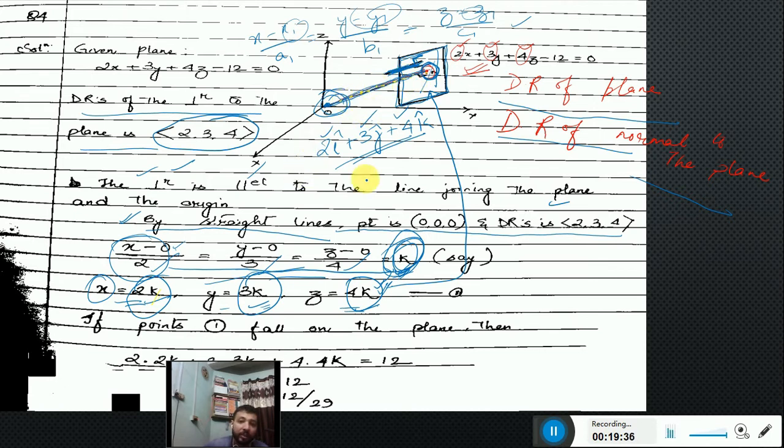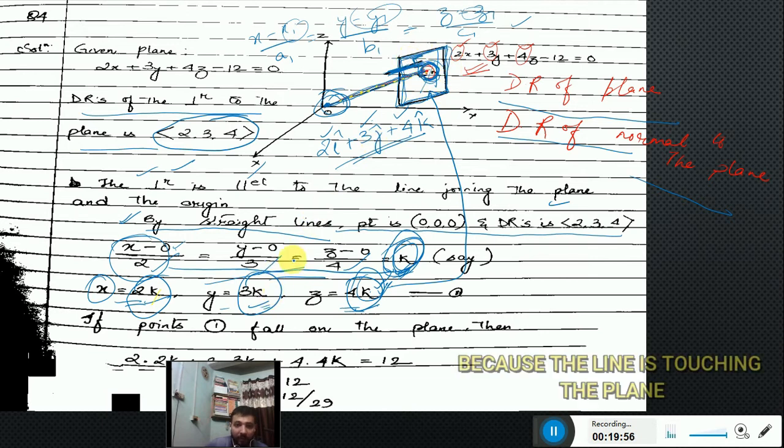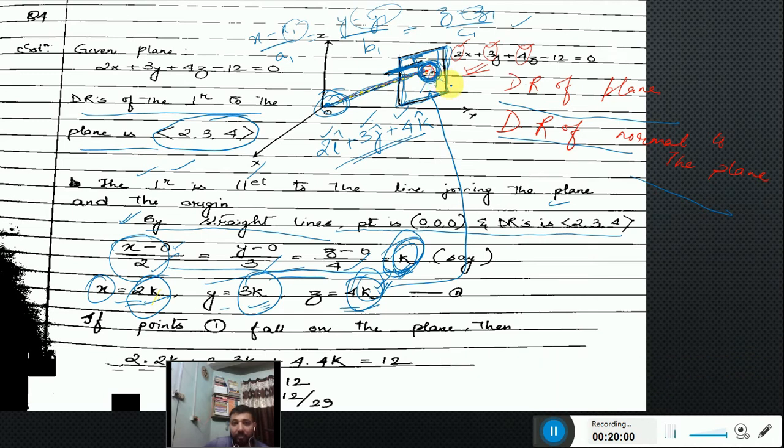By general points I mean k is there. If you change k you get different points on the line. But if you want to get the point here, then k will be such that it satisfies this equation of the plane. If this x, y, z is lying on this plane, then it should satisfy this equation.